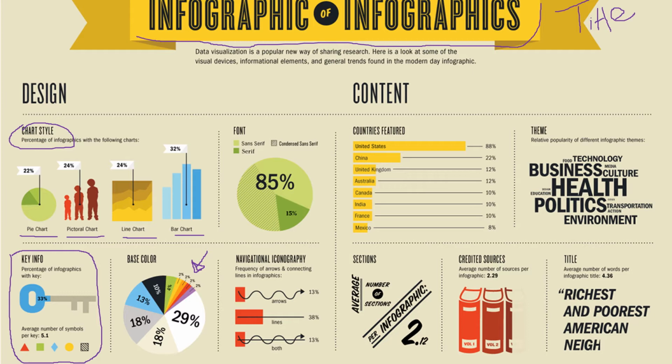You can have the infographic with maybe 2 or 3 colors in the entire thing and it will look just as polished. Another element that is usually contained in infographics, you have things like navigational iconography. So these are things like your arrows, things like a line, or most people can use both.